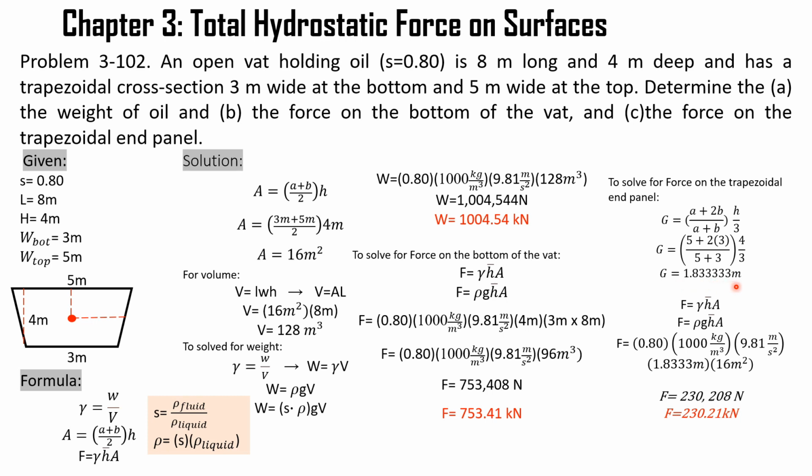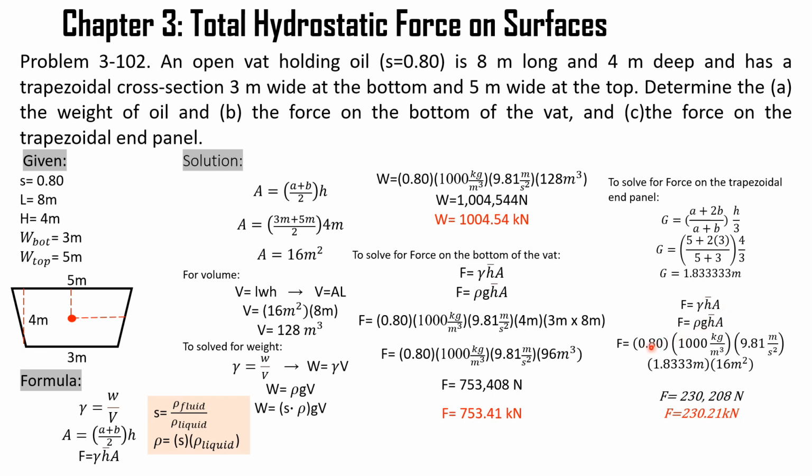1.8333 meter. To solve for the force, we're going to use the formula of force is equal to specific weight times height times area. Since all the given is known, let's equate it to the equation of the force.